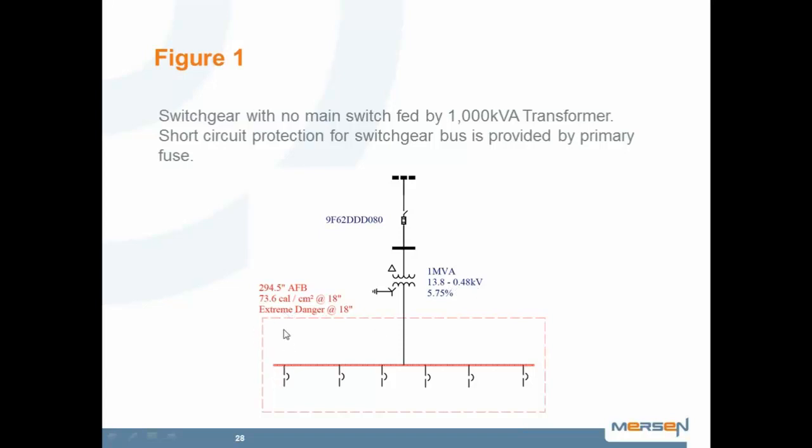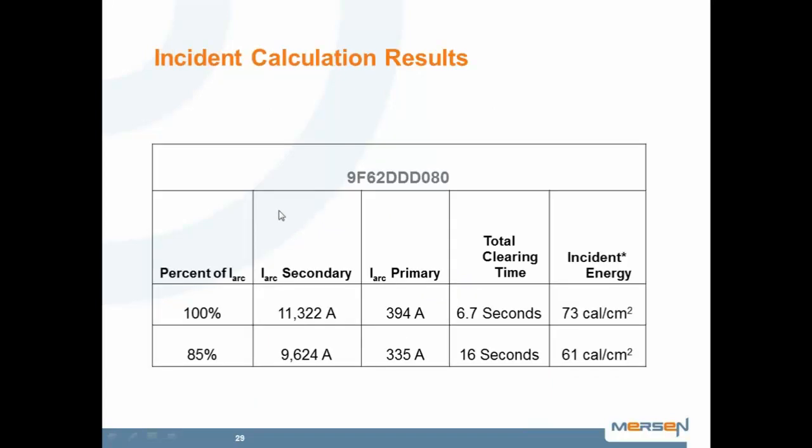The arc flash danger was 73 calories per centimeter squared. Using the existing fuses, the maximum worst case incident energy was 73 cals.